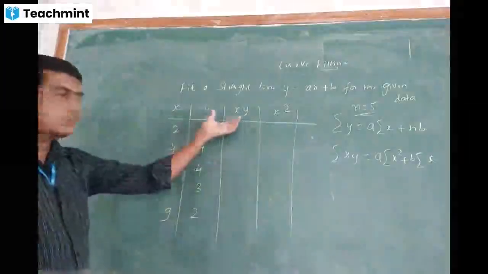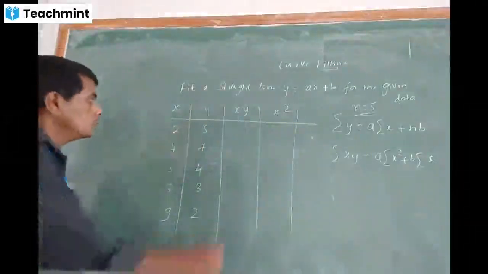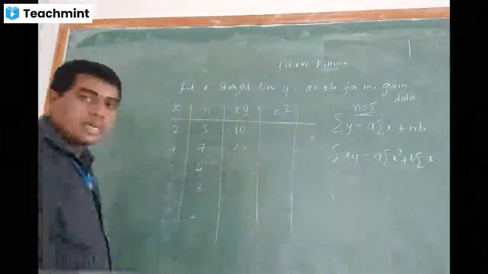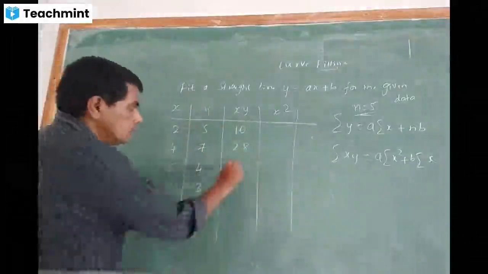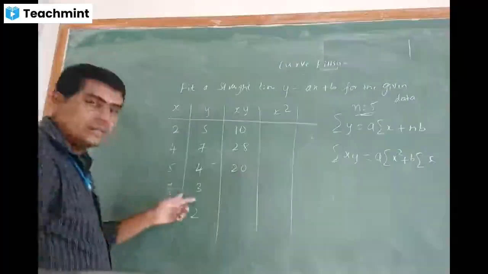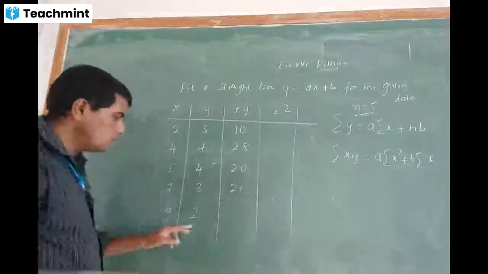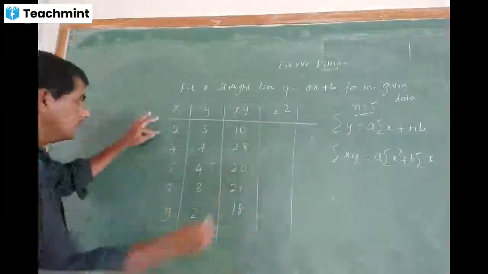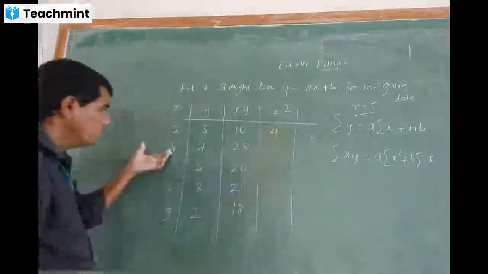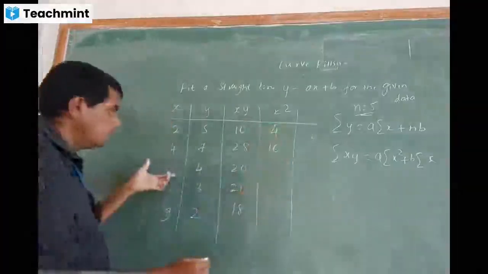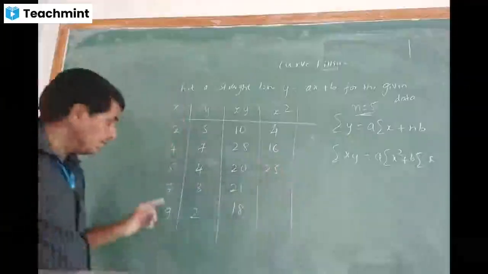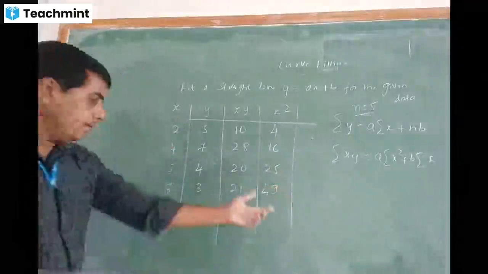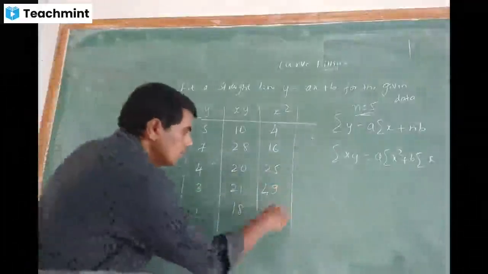So xy is the multiplication of these two. 2 into 5 is 10. 4 into 7 is 28. 5 into 4 is 20. 7 into 3 is 21. 9 into 2 is 18. Next, x square: 2 square is 4, 4 square is 16, 5 square is 25, 7 square is 49, 9 square is 81.